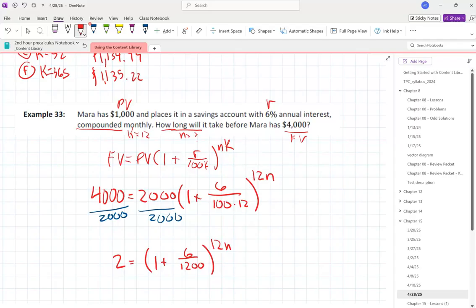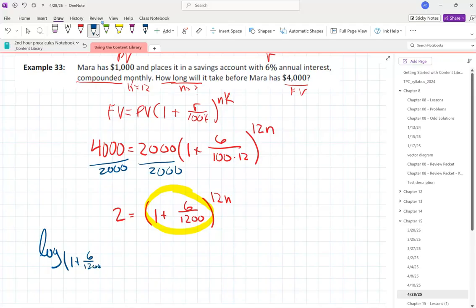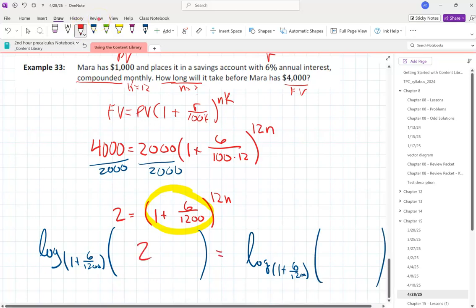To get rid of that exponent base, I'm going to use log base that same exponent, and I'm going to do that to both sides.